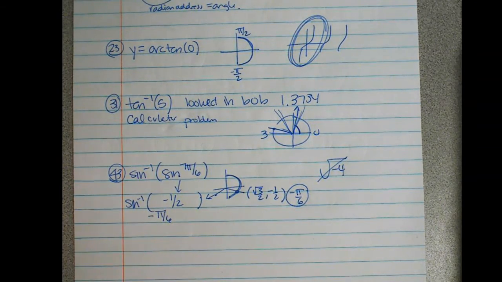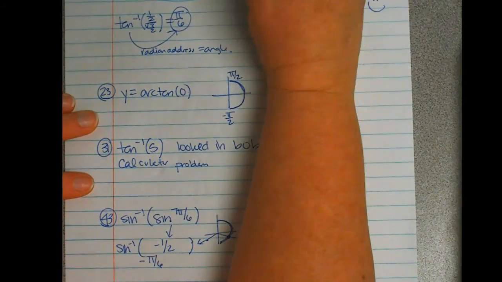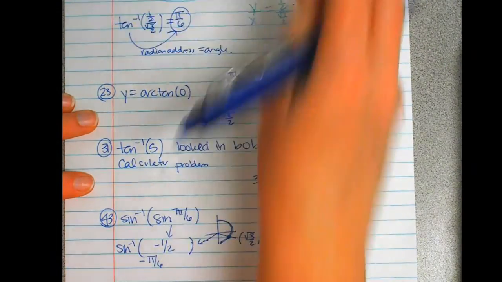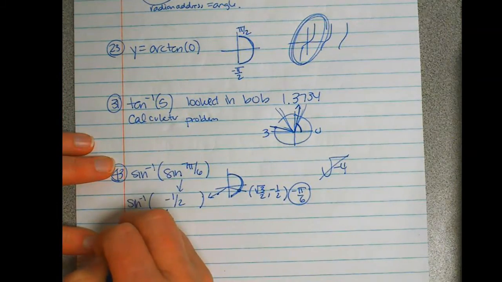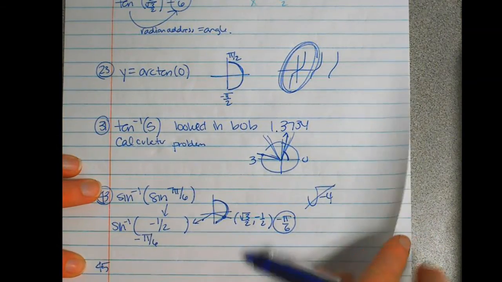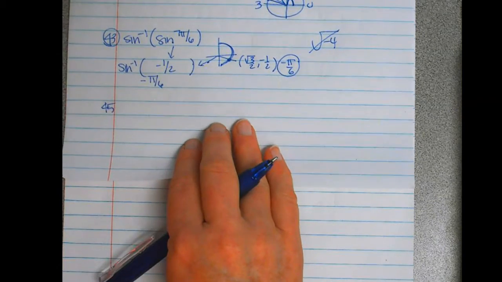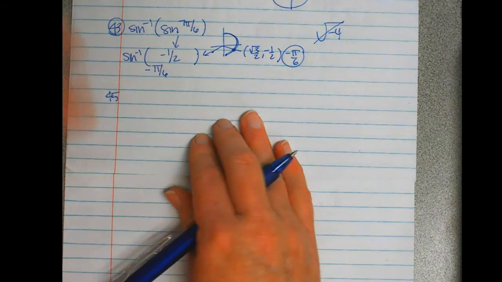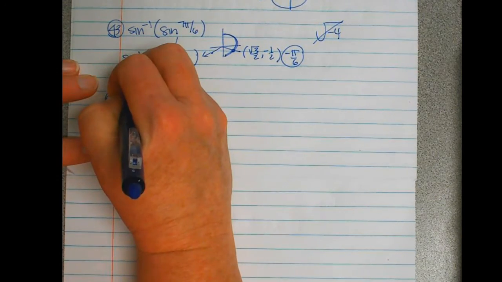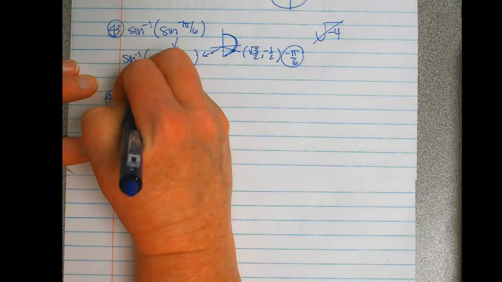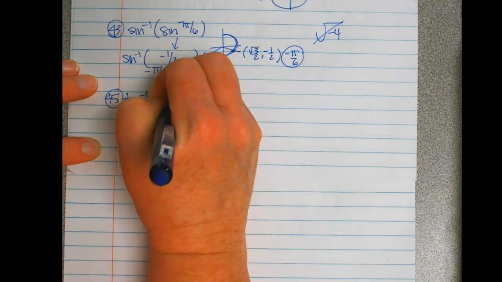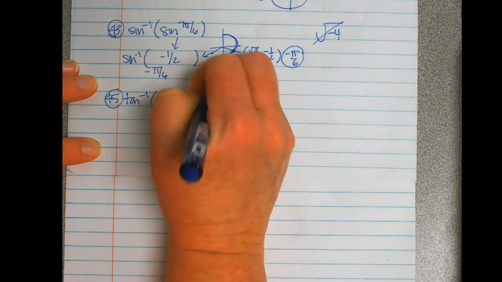43. What else was on our list? 45. 5 pi over 4. So same deal. 45 says tangent inverse of tangent of 5 pi over 4.